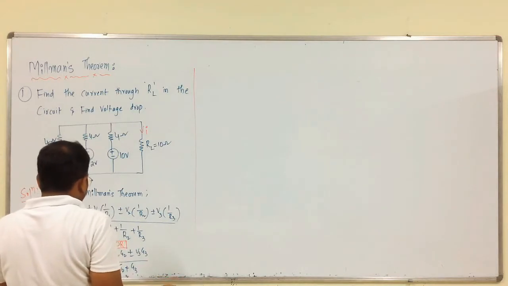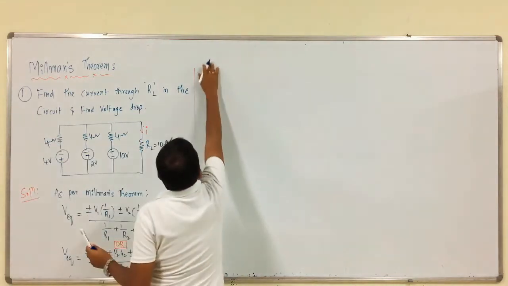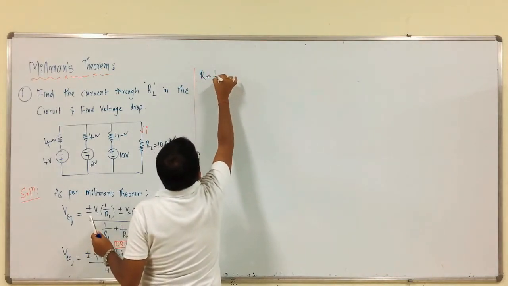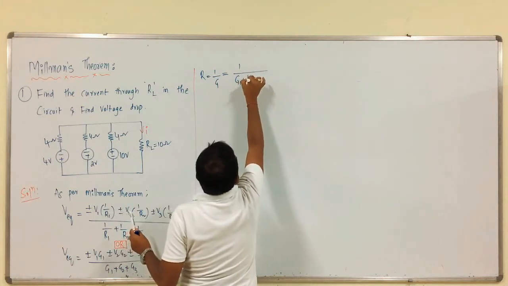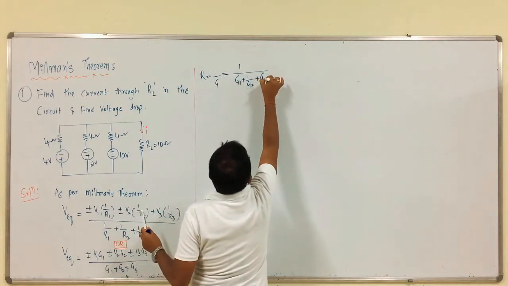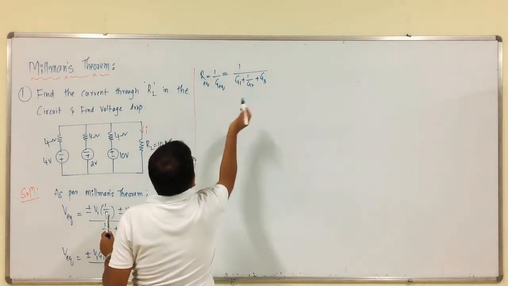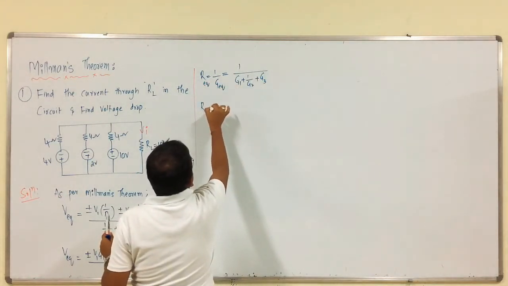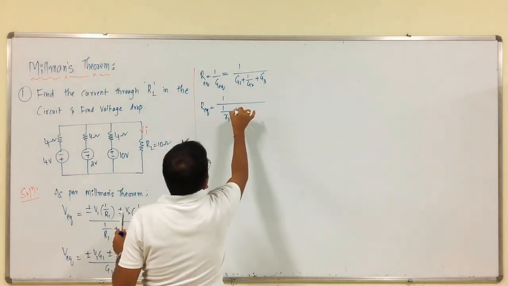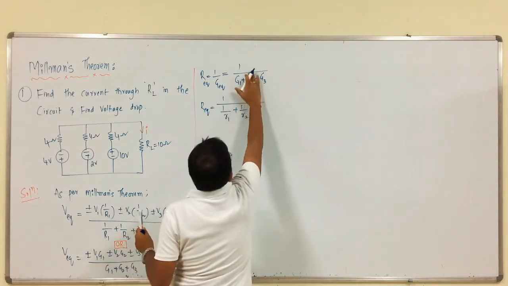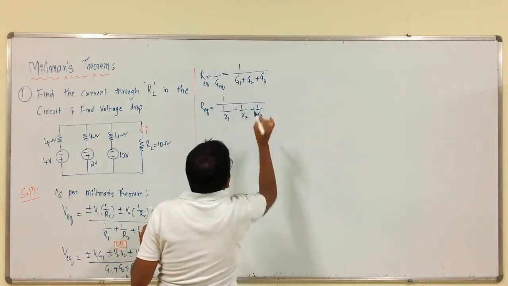First we have to calculate R equivalent, right. R is equal to 1 by G, which is equal to what? 1 by G1 plus 1 by G2 plus 1 by G3, clear. R equivalent, G equivalent. Therefore, R equivalent is equal to 1 by R1 plus 1 by R2 plus 1 by R3, clear.